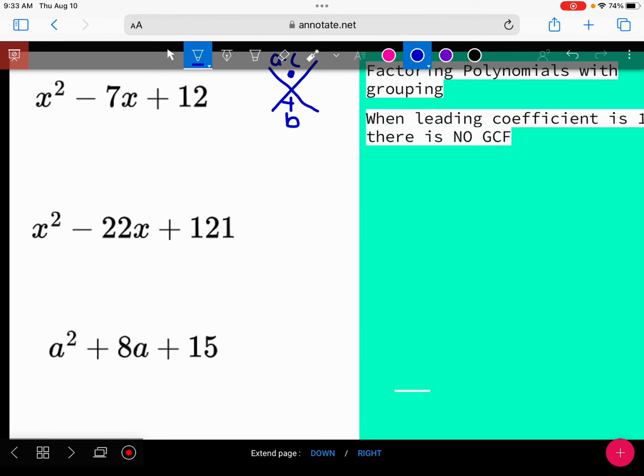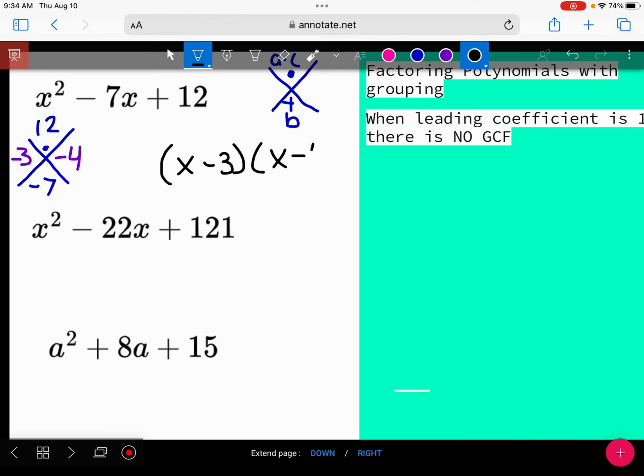So when we look at this first one, x squared minus 7x plus 12. I wish I moved that somewhere else. We're looking for a pair of numbers that multiplies to be 12 and adds to be -7. -3 and -4. When our A value is 1, that just straight up tells us our terms. X minus 3, X minus 4.